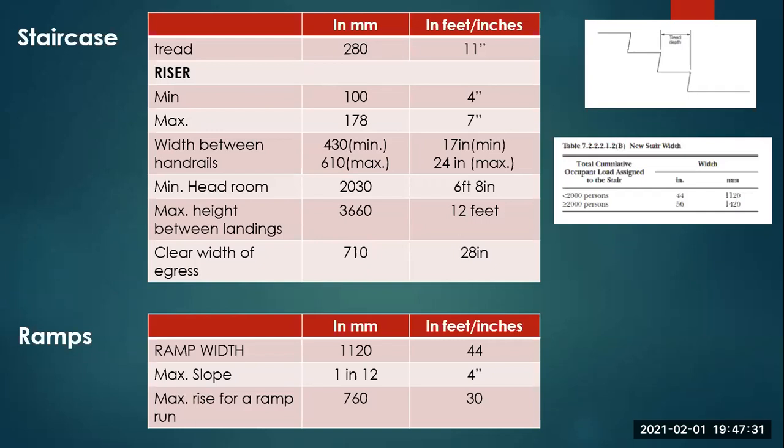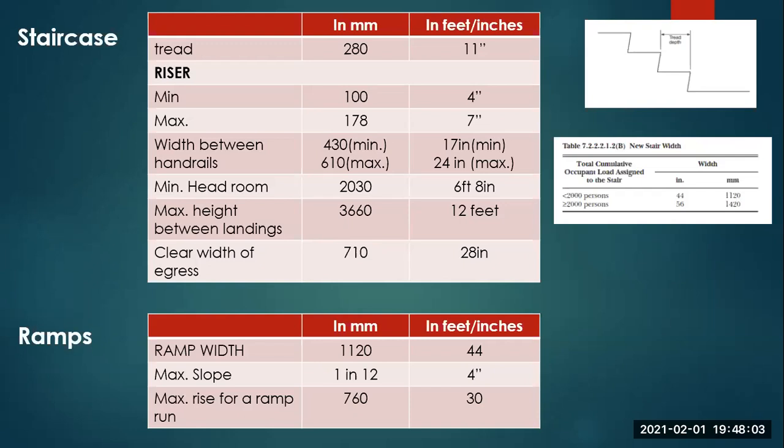So these are some things that I have condensed and made easy for y'all to learn from the NFPA. The tread width is 280 mm, which is 11 inches. The riser has a minimum of 100 and a maximum of 178, which is around 7 inches or 180.